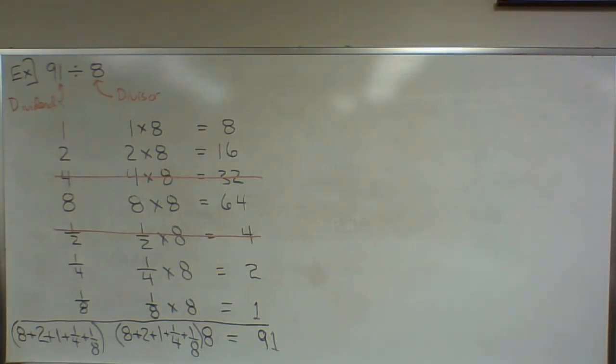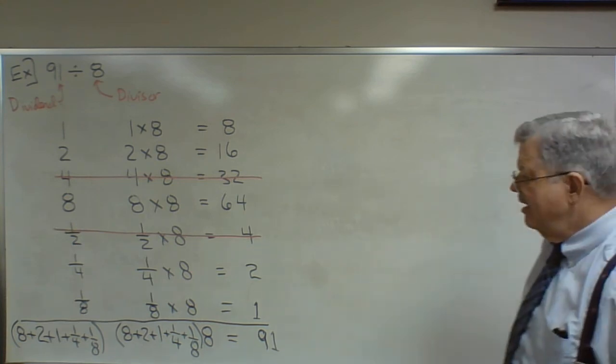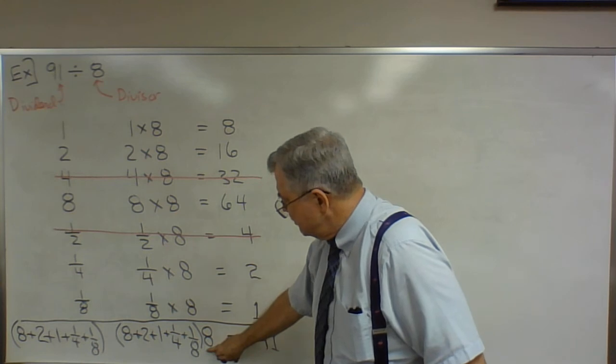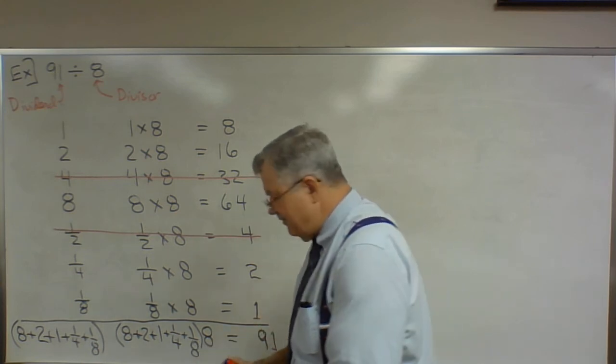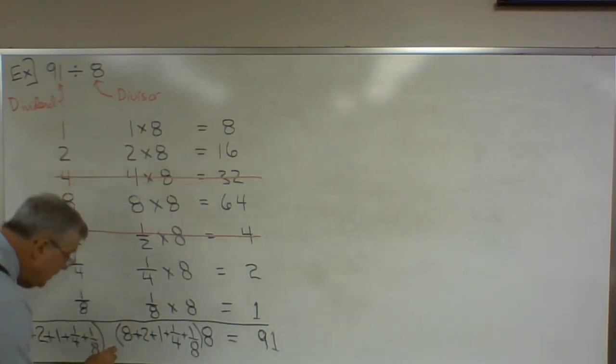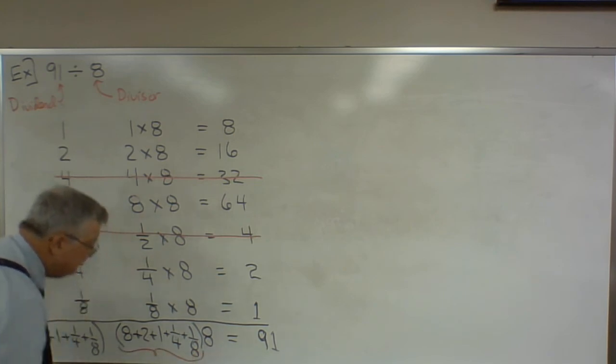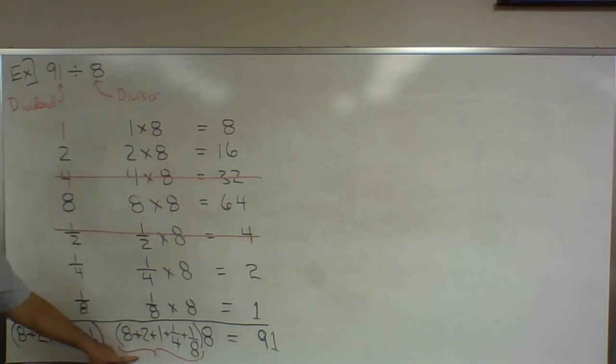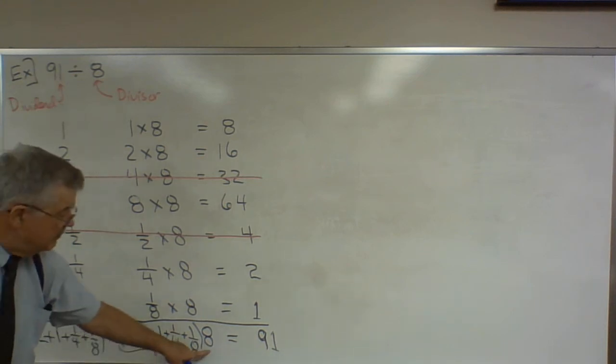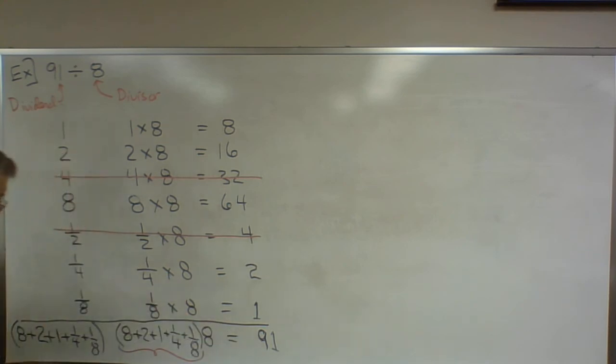We factored out the divisor. What's left is the quotient. Quotient times divisor equals dividend.